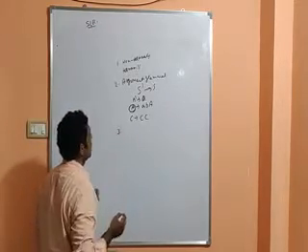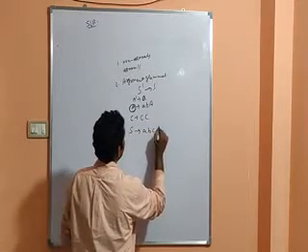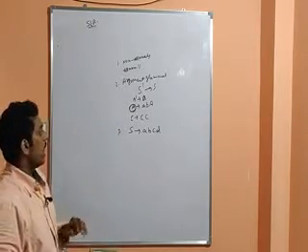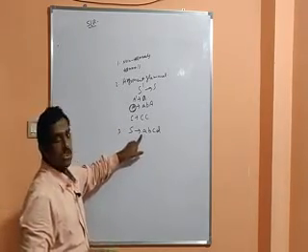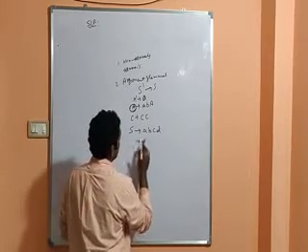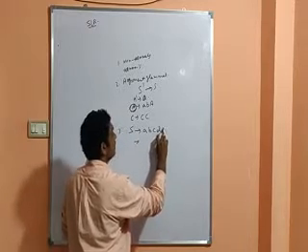The third one: whatever the input you have, S tends to A B C D. First you have to perform the dot operation on the given grammar. Here the dot is in the starting position. We have to bring the dot to the final position.